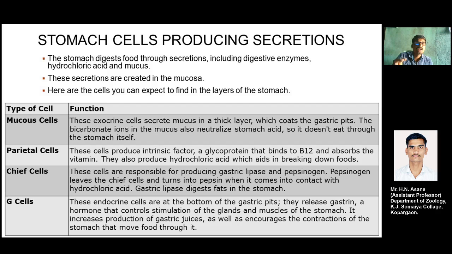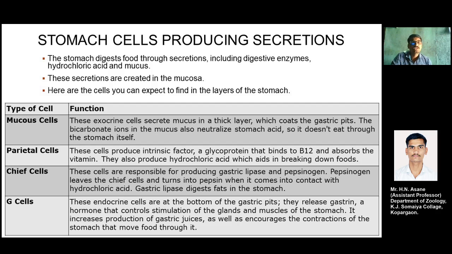The stomach digests food through these secretions, and the digestion system is chemical digestion. That's why the hydrochloric acid and the mucus are secreted by means of these cells. The secretions are created in the mucosa.